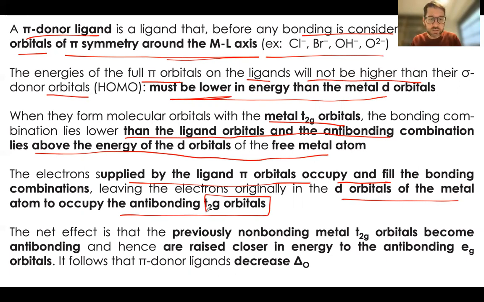The net effect is that the non-bonding T2g orbitals become anti-bonding, so they are raised in energy relative to the non-bonding scenario, and therefore the crystal field ligand splitting parameter will be decreased in the presence of pi interactions relative to the case in which we don't have any pi interactions.